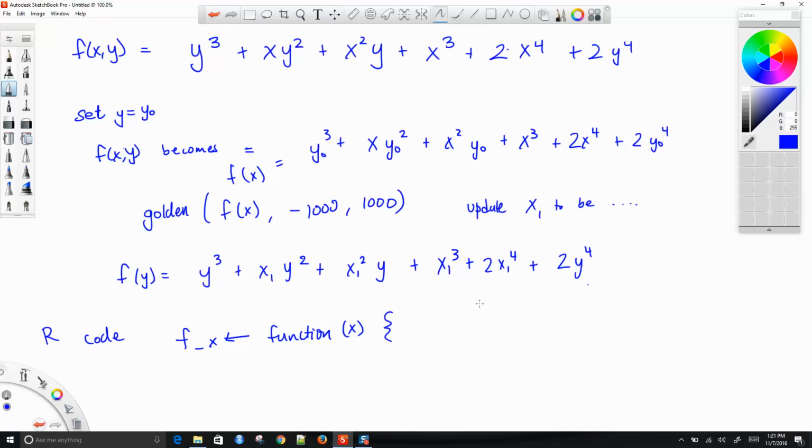You can probably just write y to the third plus x y squared, etc., etc., etc. And because of our scoping rules, as long as you have y set somewhere else in the environment, it's going to take the value for x and plug that in here, but it will search the rest of the environment for the y. Okay? So because of our scoping rules, it will search the environment for y.